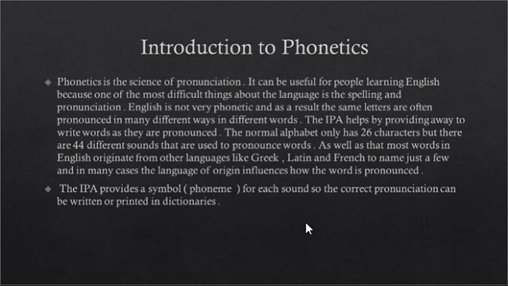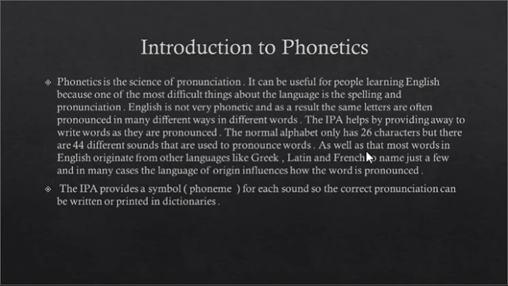It means for writing words in English, we have to learn 26 characters, A to Z: A, B, C. But for spoken English, we have to learn 44 different sounds, and we have to remember these sound symbols so that we can pronounce the exact pronunciation of the words.